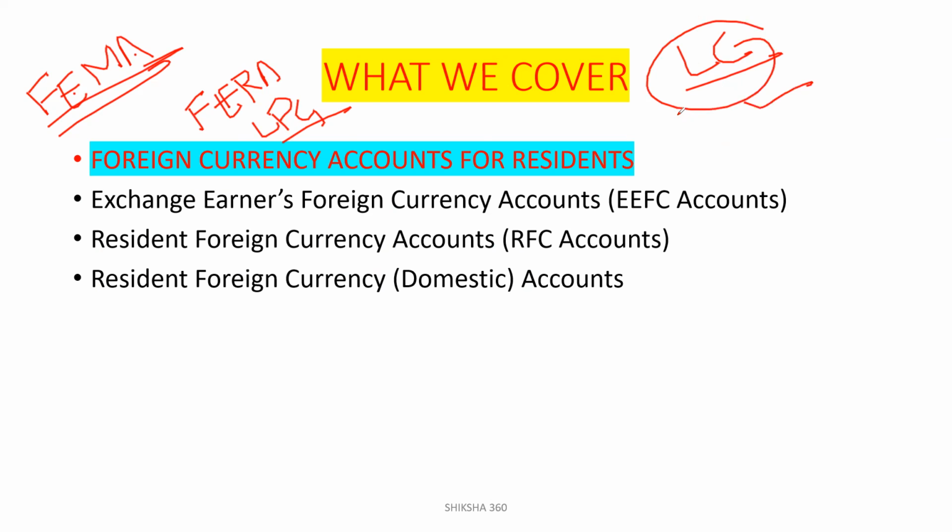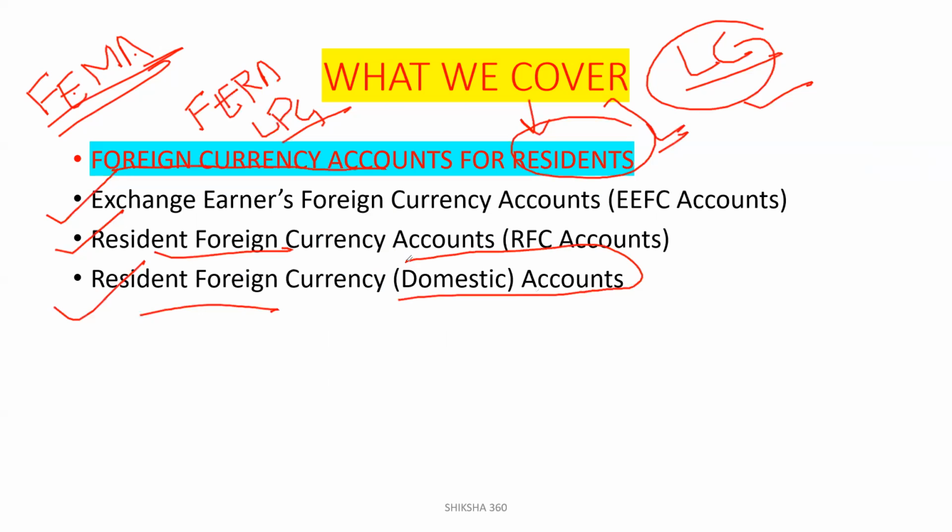And there are some specific topics further which we have to cover, that is foreign currency accounts, which we have to maintain for the residents. What are the different accounts? Exchange Earner Foreign Currency account, EEFC account, then RFC account, that is Resident Foreign Currency account. Third one, that is Resident Foreign Currency Domestic account. Clear? These 3 accounts are for the residents in foreign currency.